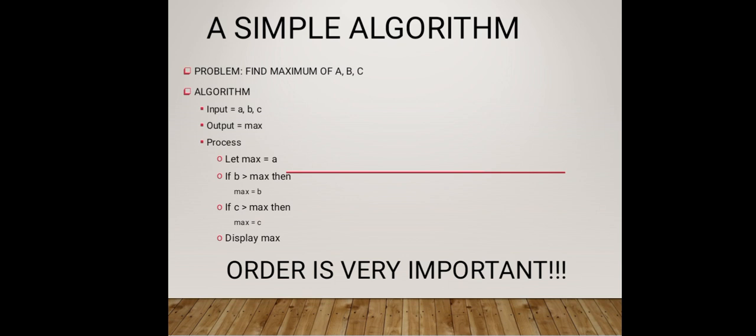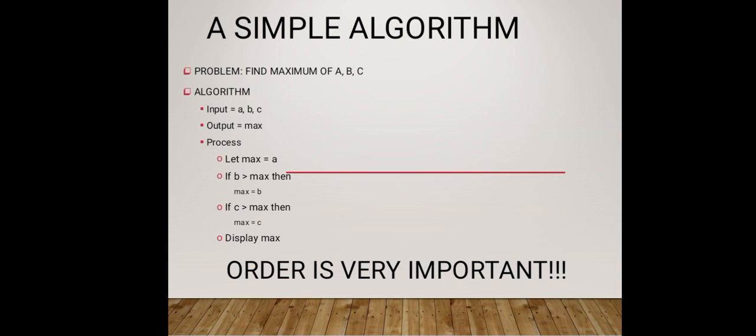Problem: find the maximum of A, B, C. The algorithm is going to be like this because we are putting this information in a computer. We need to put it in a language that a computer will be able to understand, so we'll put up our pseudocode.